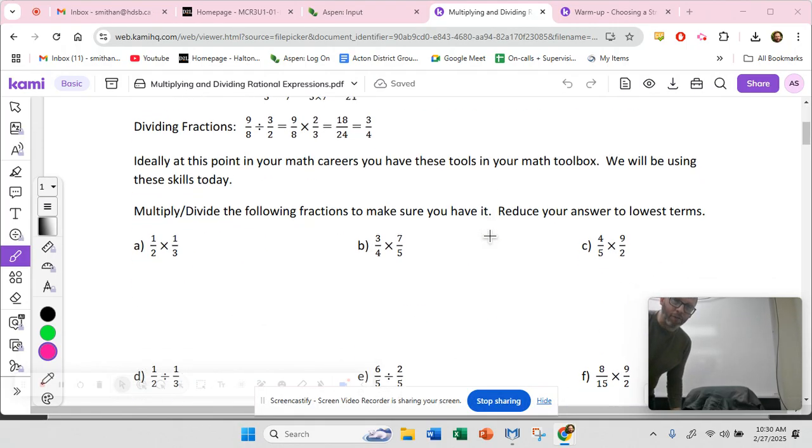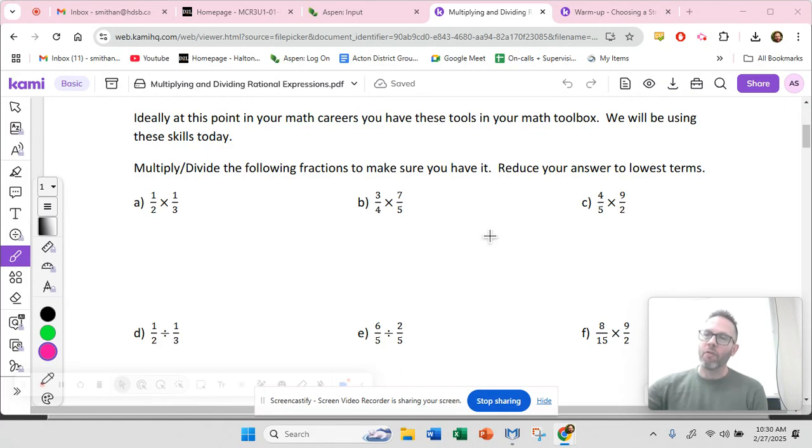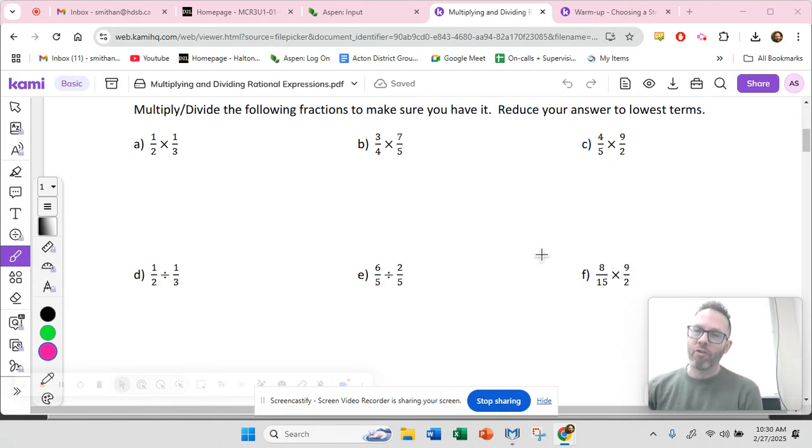Because we're going to need these skills today, without using your calculator, please, can you guys multiply or divide? I think I want to make the last one dividing, actually. If you've already gotten there, apologies. You can just do an extra one on the side.